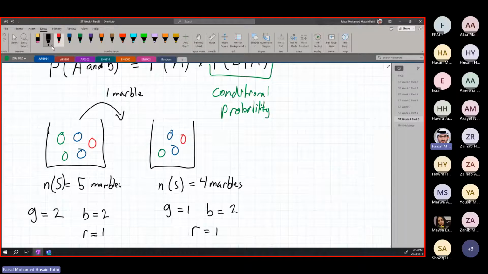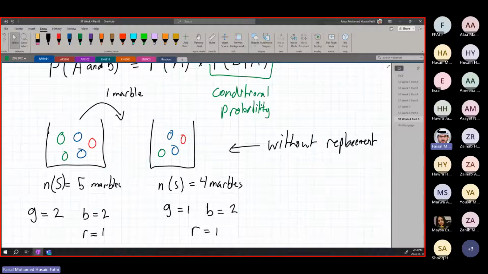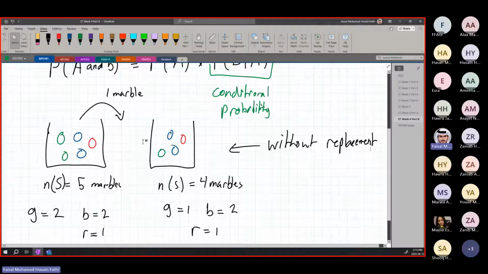When the green marble is taken away, this is called without replacement, meaning that the marble that has been taken out is not put back in the bag. The marble is removed and not replaced. This is what is meant by conditional probability: your sample size changes, therefore you have to consider the probability of each.